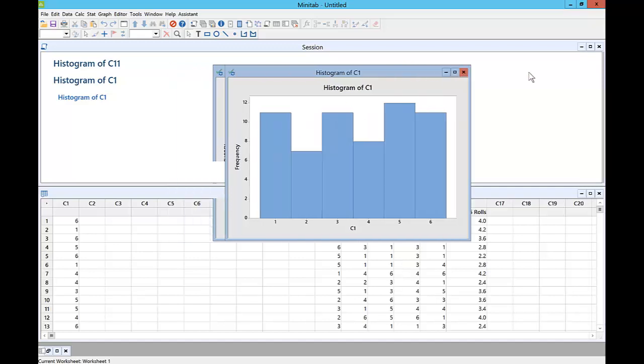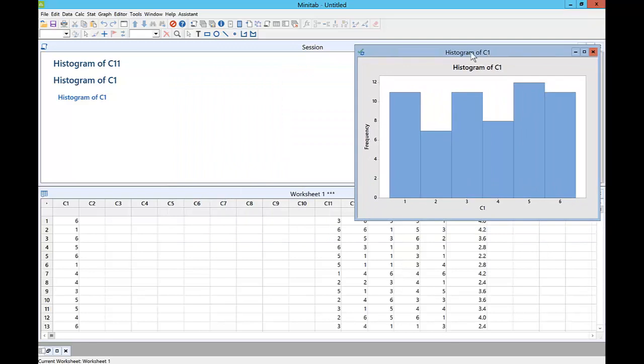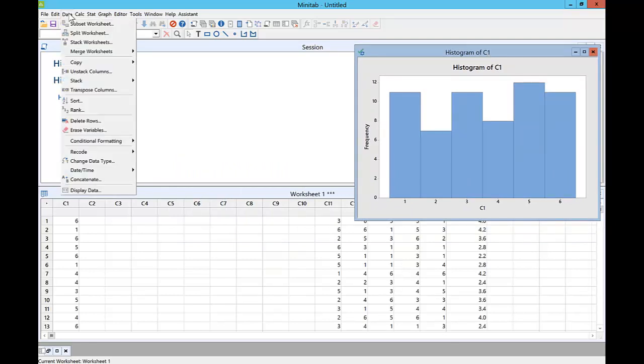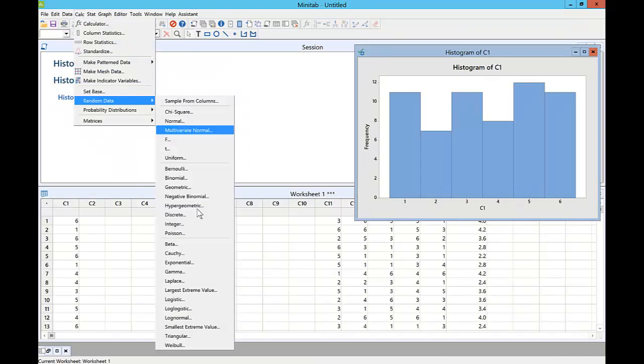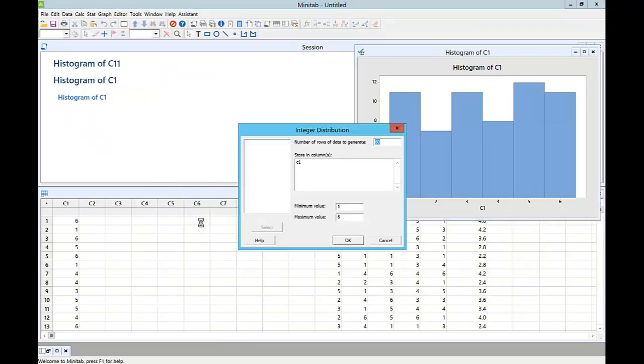So let's do this again with Calc, Random Data, Integer, let's call it C2, and instead of 60, let's do 6,000 observations.